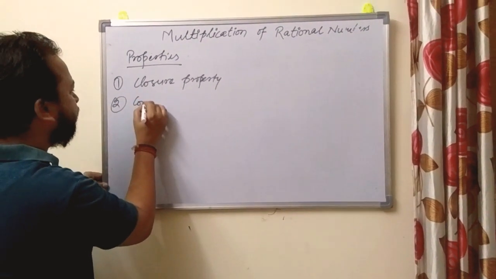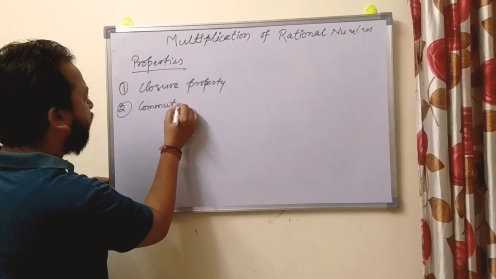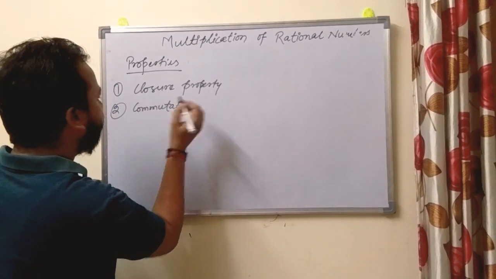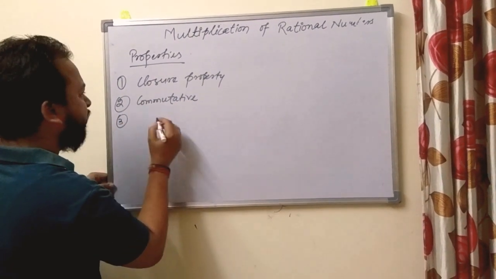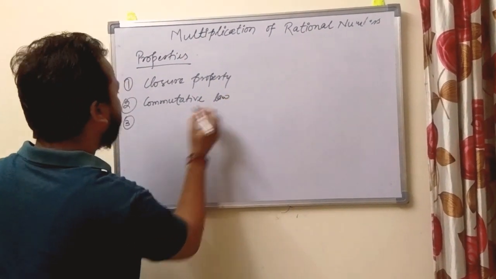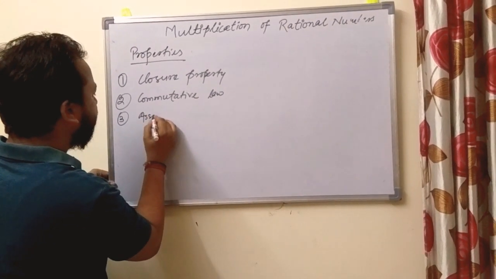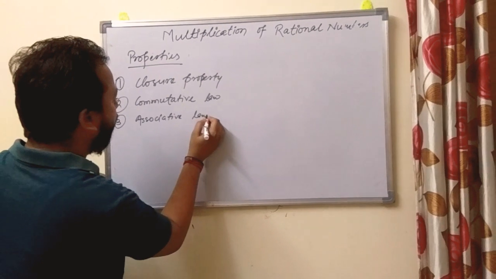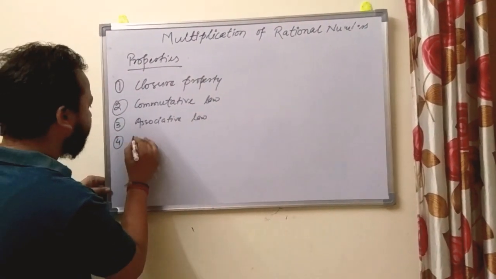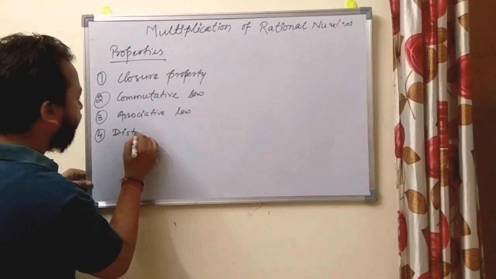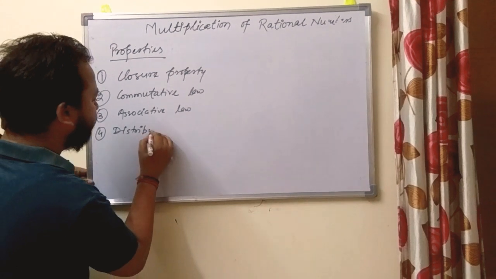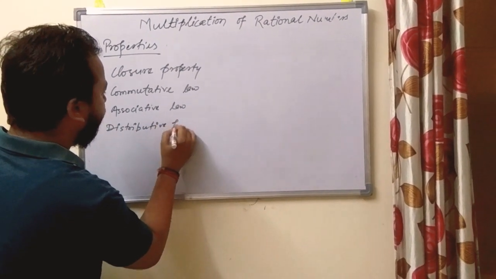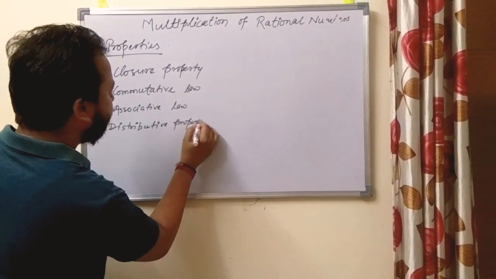Second one is commutative law. Third one is associative law. Fourth one is distributive property.